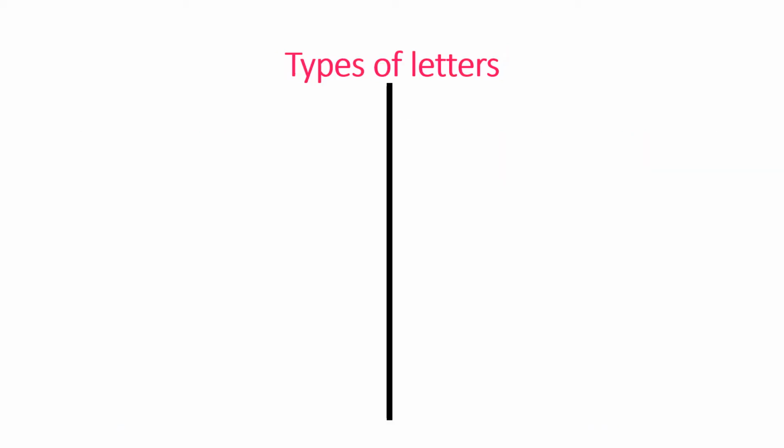My dear students, let's see the types of letters. Letters are mainly divided into two types. First one, formal letter, and the second one is informal letter. Now let's see what a formal letter contains.